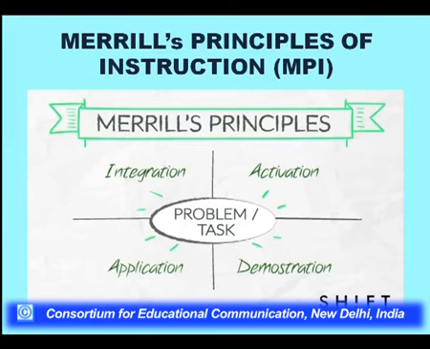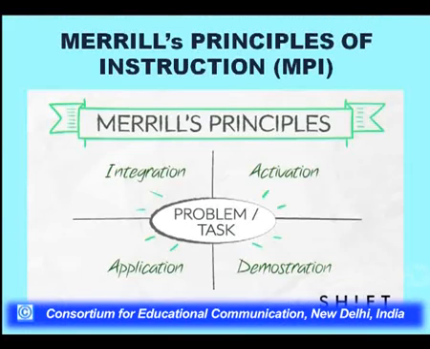Second, he should be able to demonstrate whatever you are trying to give to the learner through your instructional process. If you are able to show him, if you are able to explain to him through a case study or whatever type of assignment sheets you want to take up, you must be able to demonstrate it.